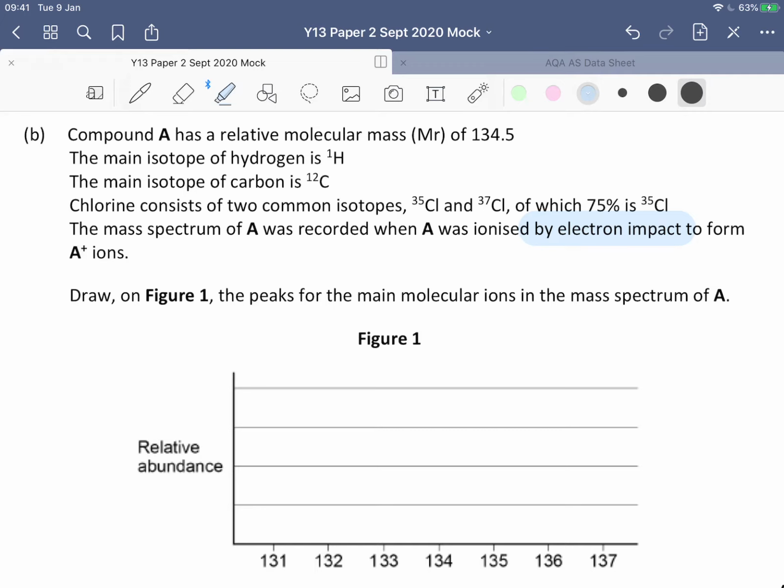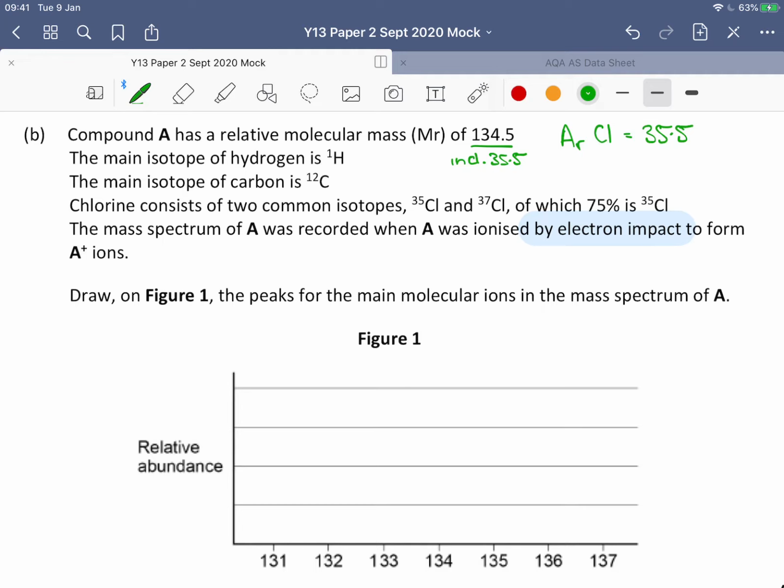When we do Mr, it says molecular mass, but you can also think of it as molar mass, because you would have added up the Ar values. The Ar of chlorine, if you look on your periodic table, is 35.5, and this number includes that 35.5.